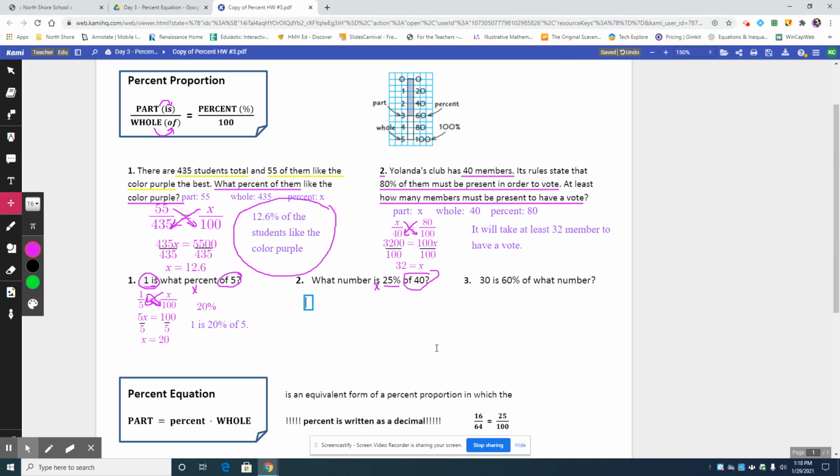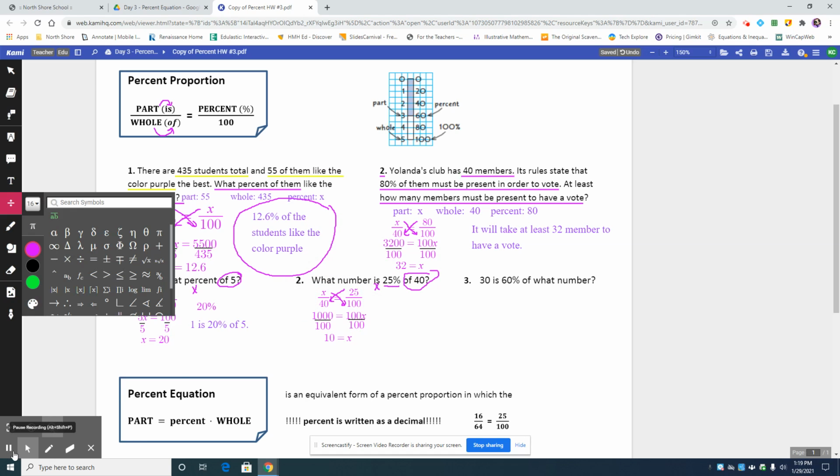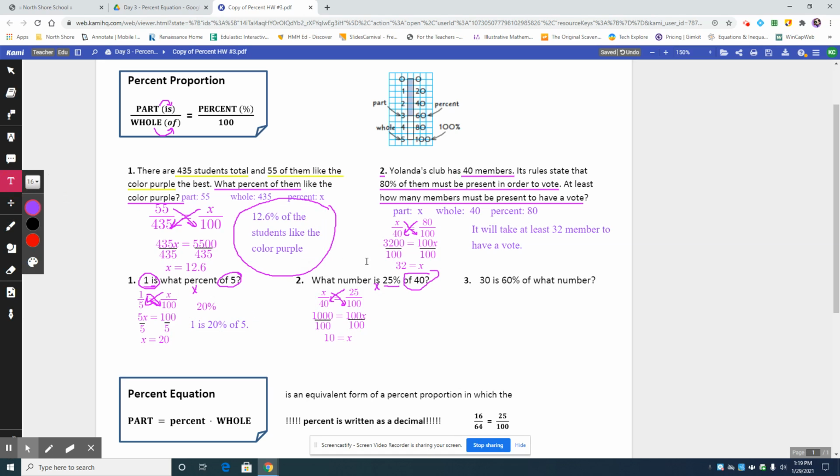So is unknown, x divided by your of, which is 40, equals your percent, which is 25 over 100. Pause the video, cross multiply and solve, see if you match. Alrighty, check your work. Hopefully you got x equal to 10. And if you're writing yourself a target statement, you write 10 is 25% of 40.